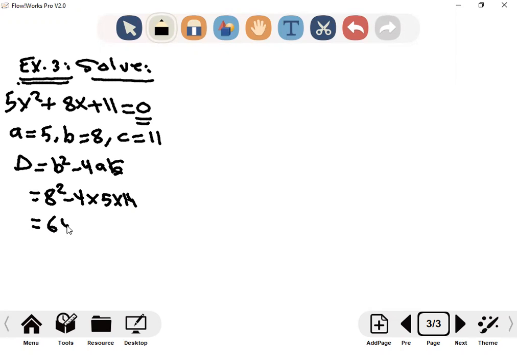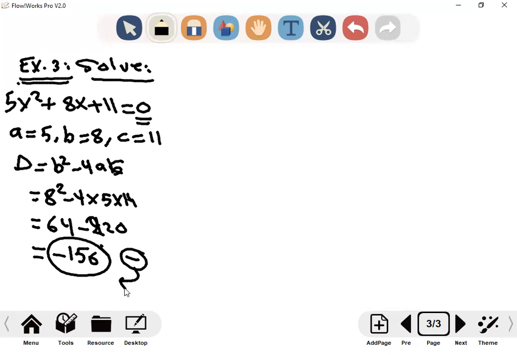This equals 64 minus 20 by 11, which is 220. It will be negative how much? 156. This is delta.